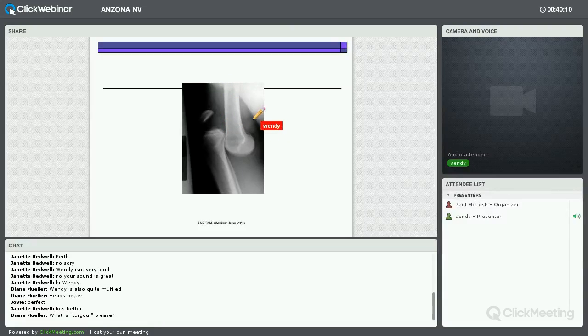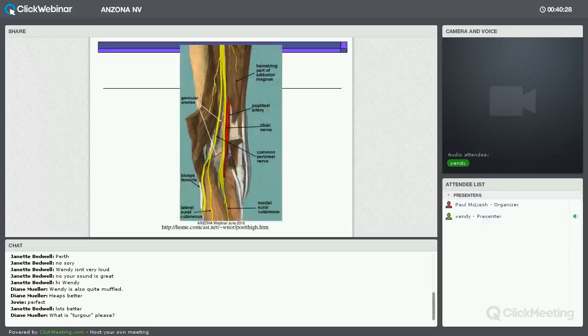Popliteal space is completely gone there, and you can think any of the nerves and vessels would be really quite impinged within that area as well. So anytime I've got a knee dislocation, it's an absolute orthopaedic emergency, and we can see why it's very common to be compromised. Okay, and they're the structures that would actually be impinged within that last slide.